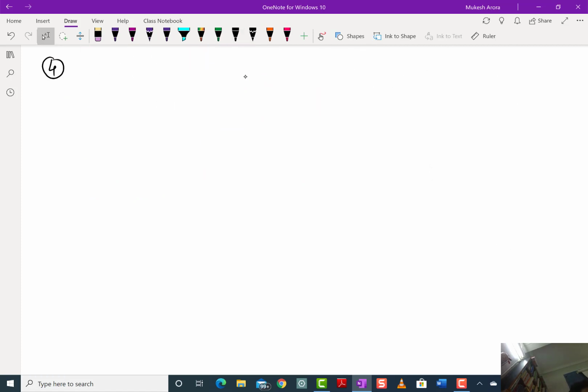Question 4. Two poles of equal height are standing opposite each other on either side of a road. They are 80 meters apart.